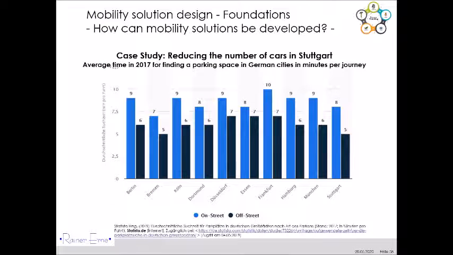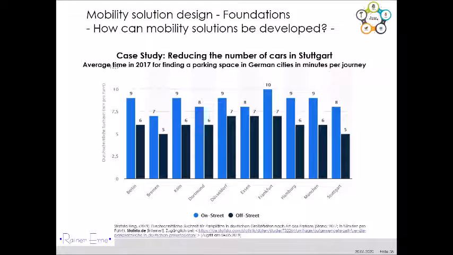And another issue in Stuttgart is finding a parking space. Here you can see the average times in different cities in Germany, how long it takes to find a parking space on street, so near the road, about 8 minutes in Stuttgart. Off street in a parking house, about 5 minutes on average.